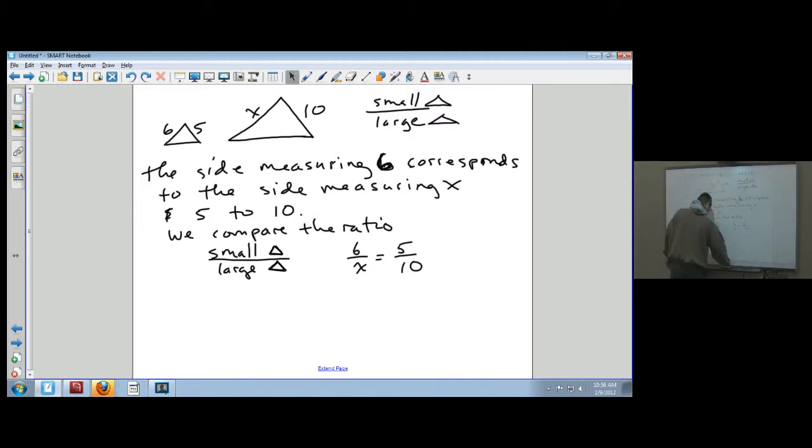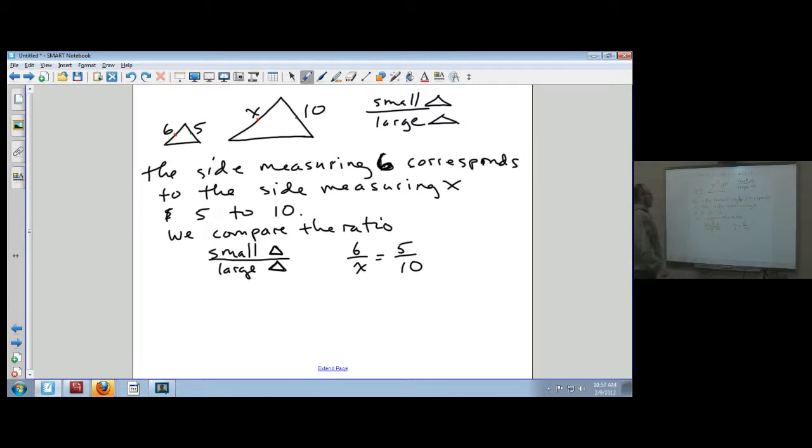Let's take a look at that. What do I mean by that? This side 6 corresponds to this side x. This side 5 corresponds to this side 10. So we can use that information and what we know about ratios and proportions to solve similar triangles.